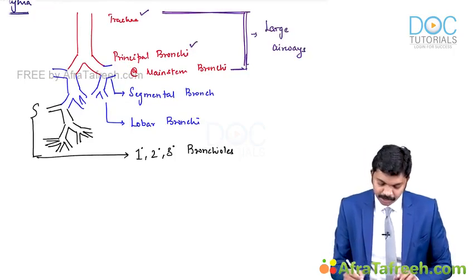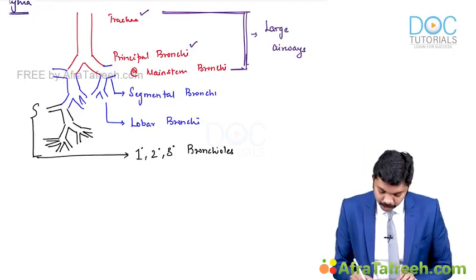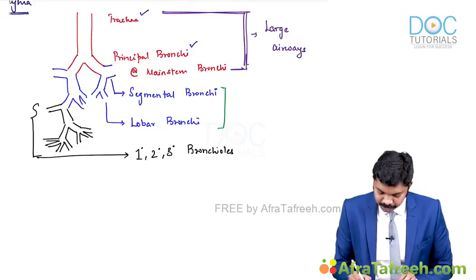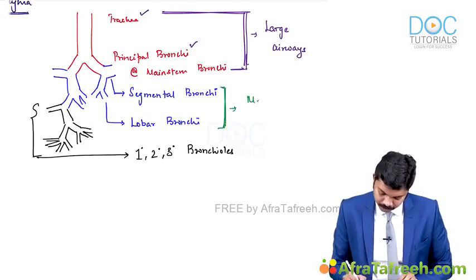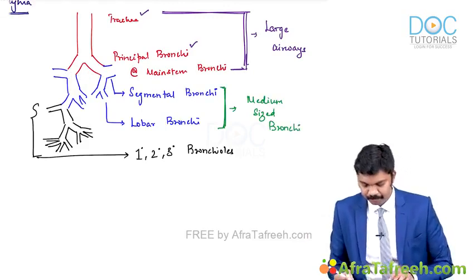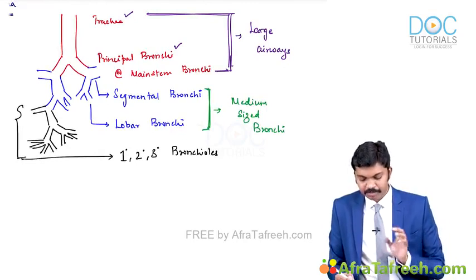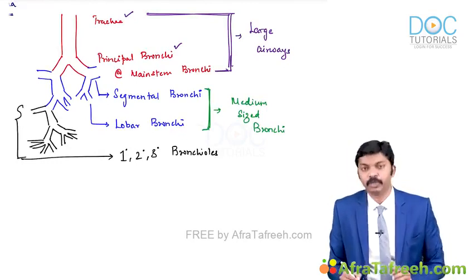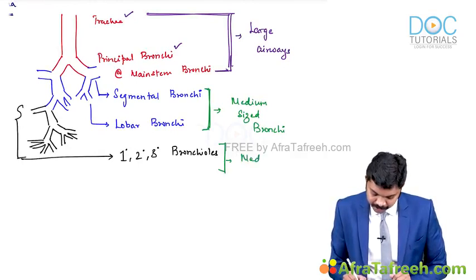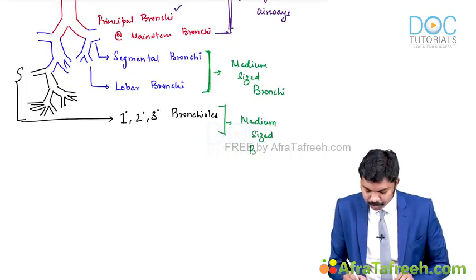Segmental and lobar bronchi are medium sized airways. Medium sized bronchi, to be very precise, whereas primary, secondary, tertiary bronchioles are again medium sized, but they are medium sized bronchioles.